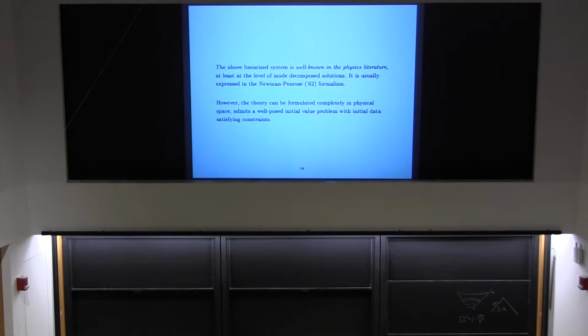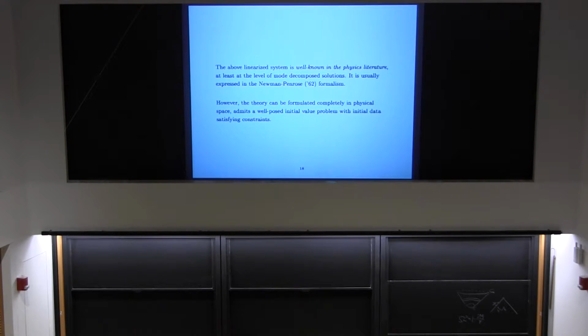Whenever you see a time derivative, a physicist will write i omega, and they also decompose into spherical harmonics. You also find it in a different notation, which is sort of competing with the Klainerman notation, the so-called Newman-Penrose formalism. But let's stick to the notation that I introduced.